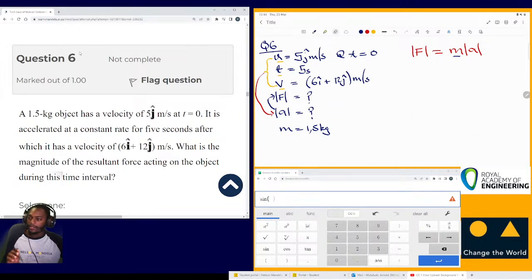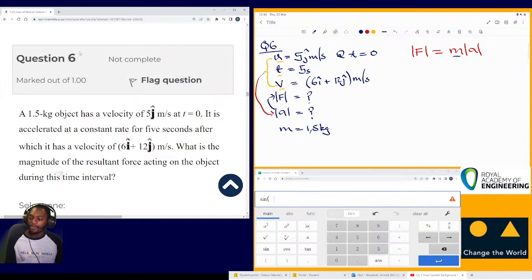So this is what I've been writing, while you couldn't see it. Apologies for that. We have identified the quantities given in this question: the initial velocity, the final velocity, and the time. With these three quantities we are able to calculate the magnitude of the acceleration.